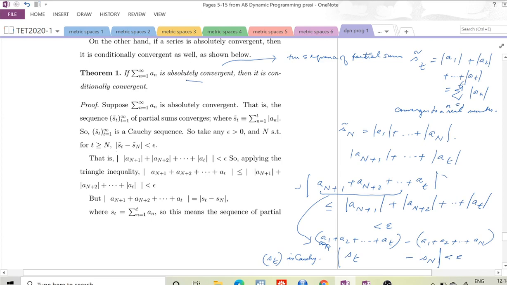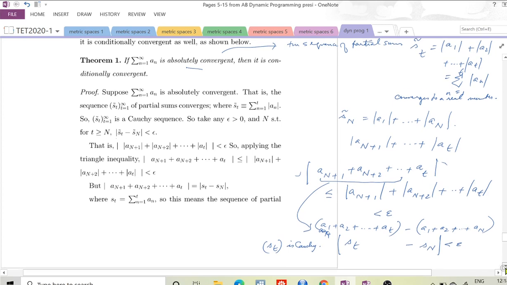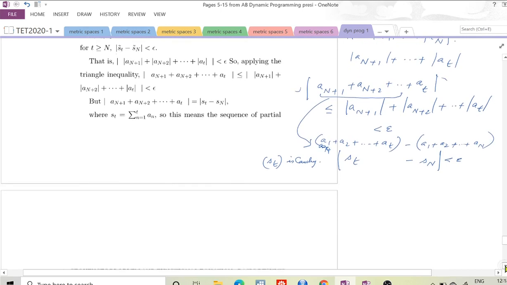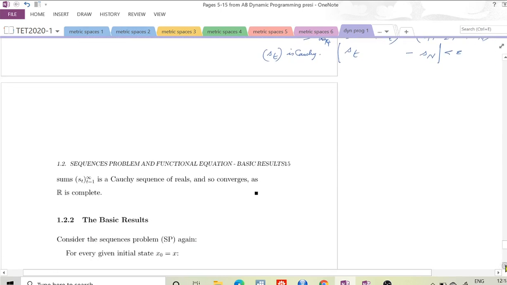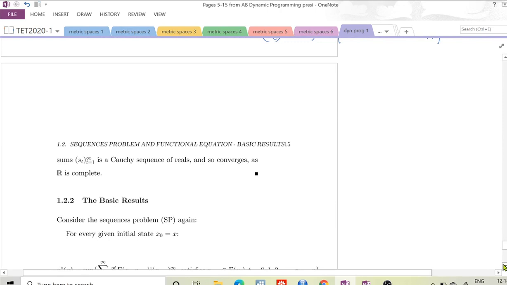So this is a Cauchy sequence in R, which is a complete metric space, and so it converges, right? But that means that the mother series converges.